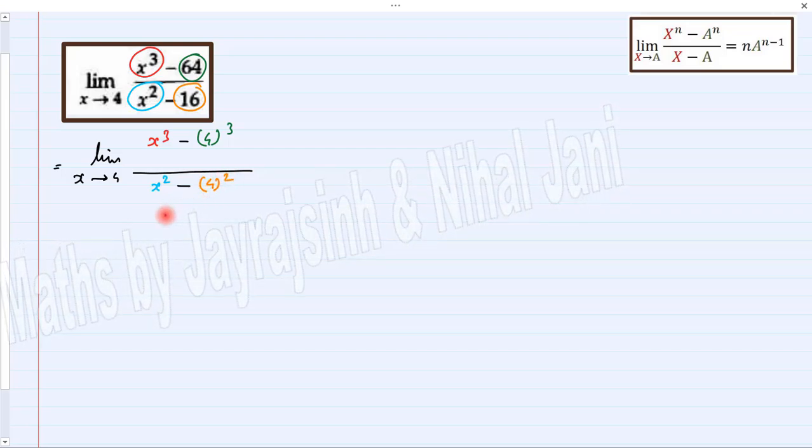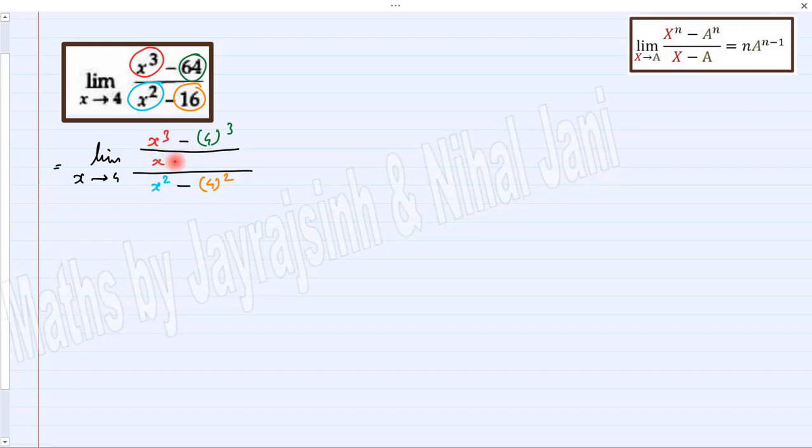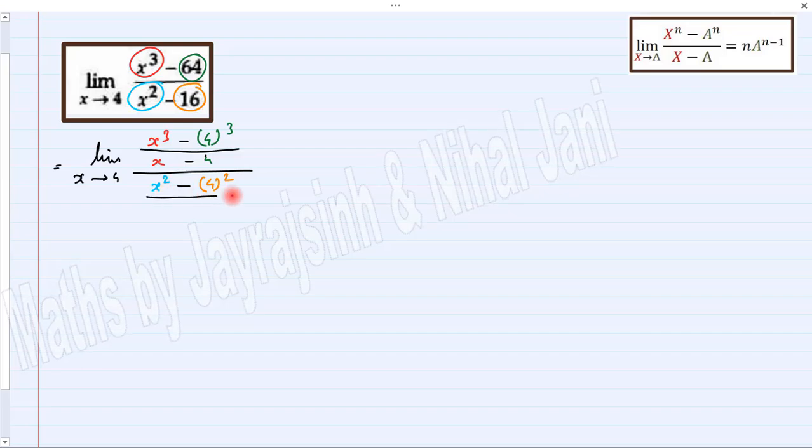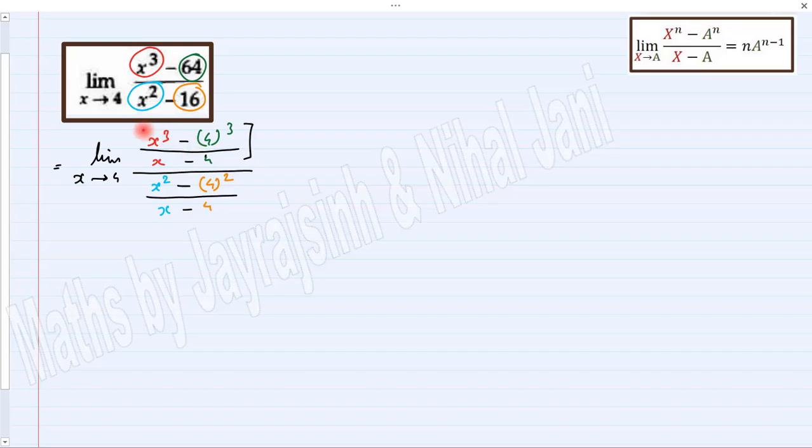So, to convert into standard form, we just need to divide x minus 4 to the numerator as well as in the denominator. So, we can easily apply the standard form.